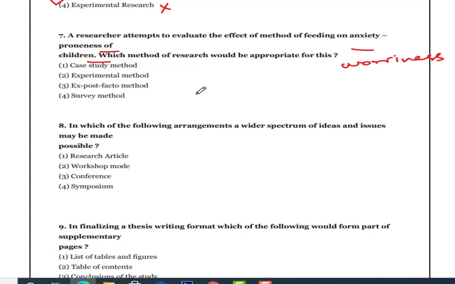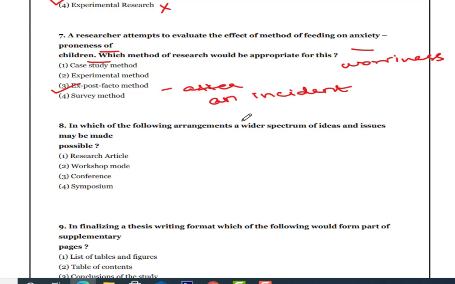So if you want to do some research on what is the problem with children, that is called an ex post facto method. Ex post facto method means after an incident we are finding out why it has happened. The next question.